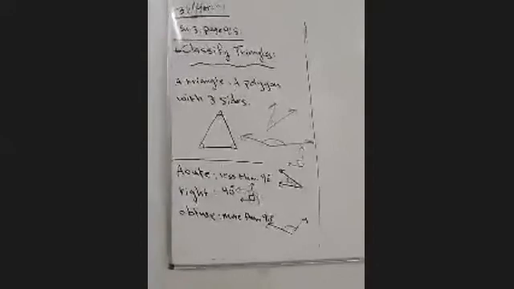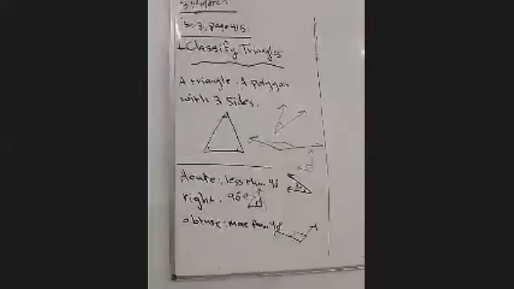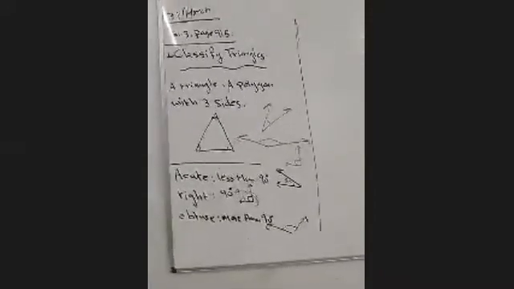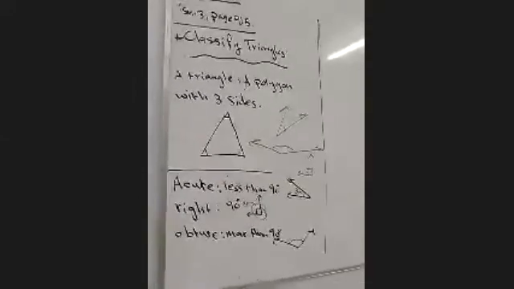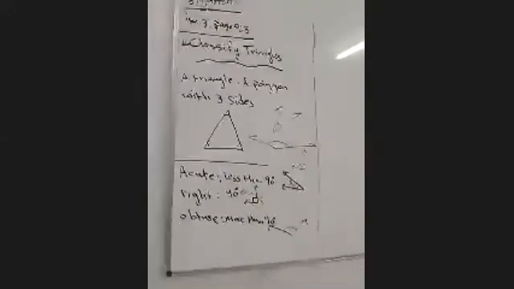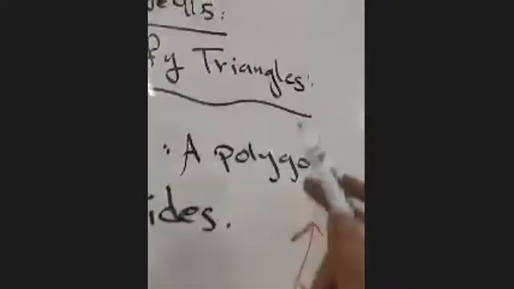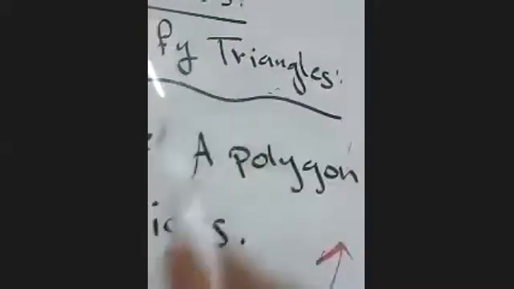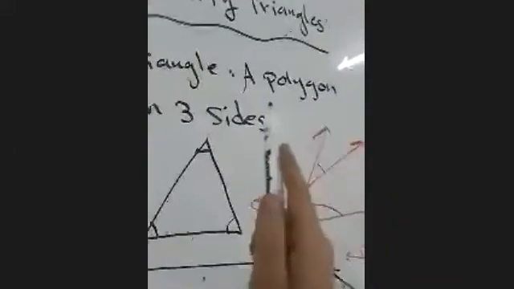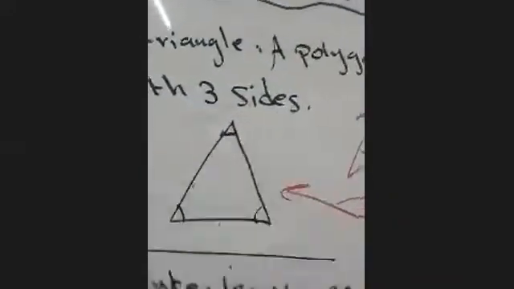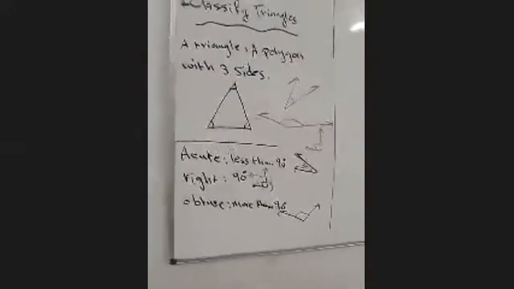And we talked about some special polygons like triangles, quadrilaterals, pentagon, hexagon, heptagon, and octagon by the number of the sides. Today, we will talk about a special polygon. We call it triangle. What is the triangle, guys? The triangle is a polygon with 3 sides. A triangle is a polygon with 3 sides.